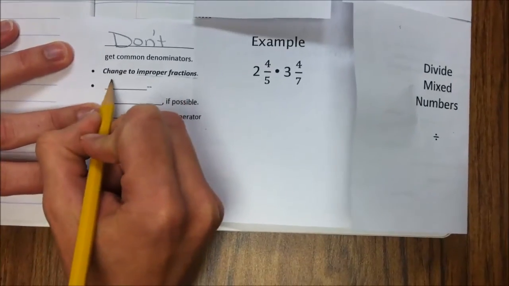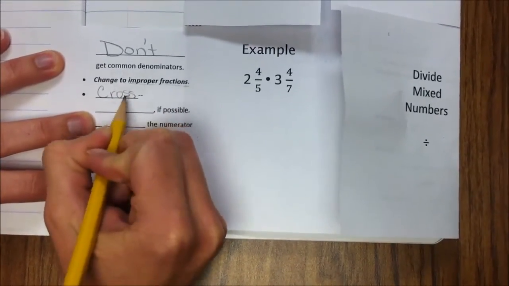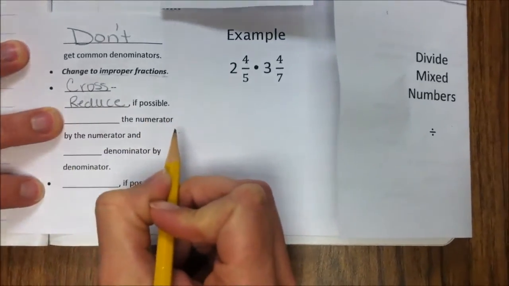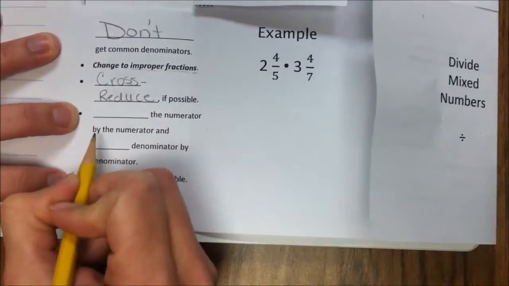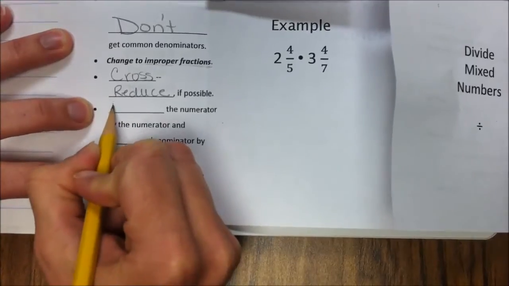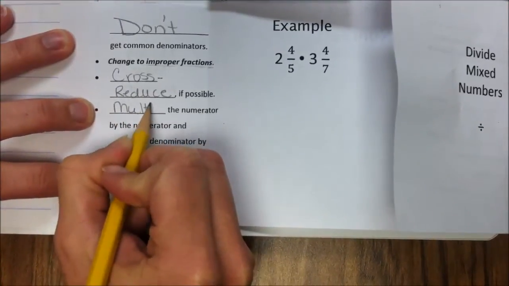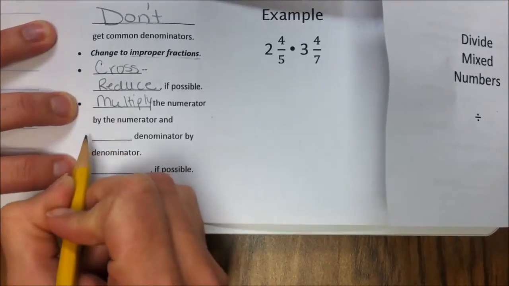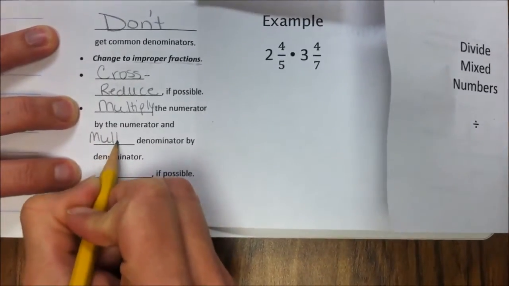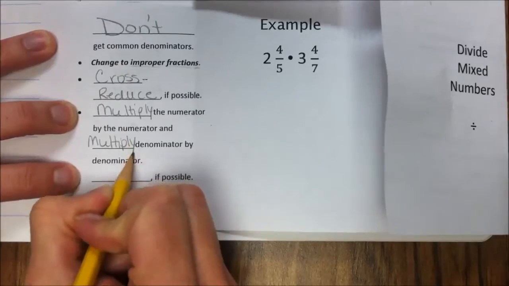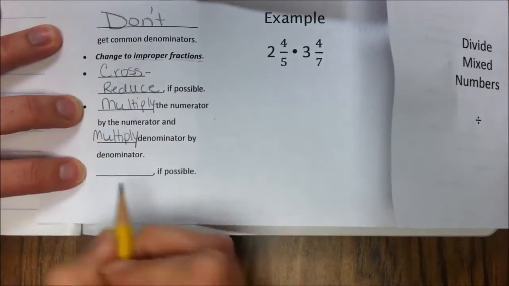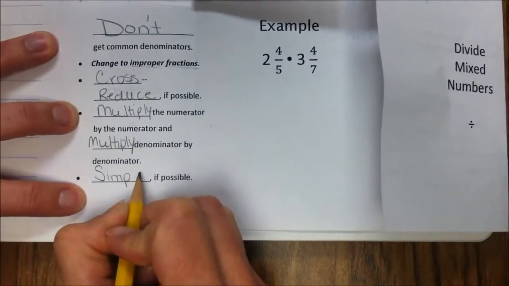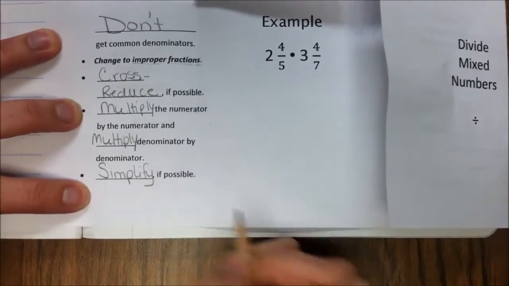Again, with fractions, you're going to cross-reduce, if possible, and then you multiply the numerators, and then you multiply the denominators. And like all fractions, at the end you always simplify if possible.